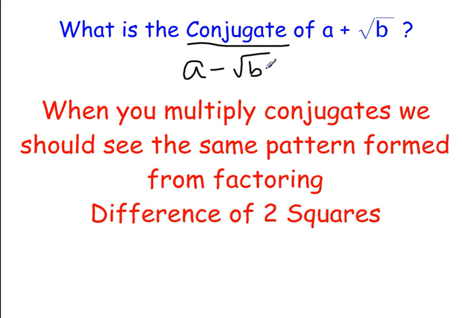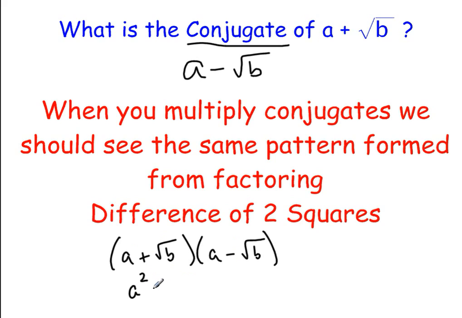Now the nice thing about conjugates is when we multiply them. So if I have a plus root b times a minus root b, this should look familiar from our factoring unit. Remember when we factored a difference of two squares, we got, say, a plus b, a minus b as our factors. Well, the nice thing about this is if I distribute, I'm going to get a squared minus a times root b plus a times root b minus root b times root b, which is just b.